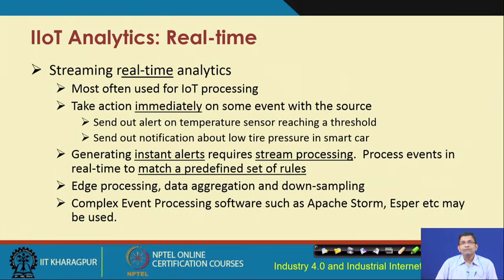For example, if a particular machine is coming close to a particular temperature threshold, then an alert could be sent for that machine in operation. Different notifications about tire pressures, for example in a smart car, could be sent immediately. So, certain baseline real time analytics could be performed, and it is also very important to instantly send these alerts through stream processing and so on.